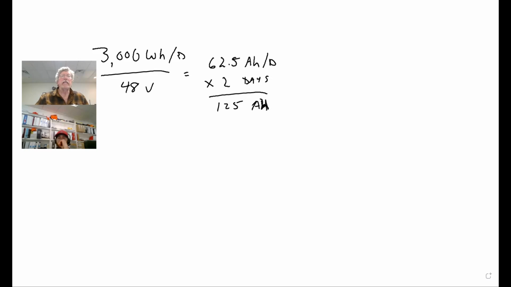Well, I only need to derate for my inverter because the system derate includes all the stuff that happens before the batteries plus the batteries' inefficiency themselves. So I'm only worried about what it is from the battery to the load, and that's going to be the inverter. So I'm going to divide that by 0.95, which is the inverter derate. And now I end up with 131.5 amp hours.